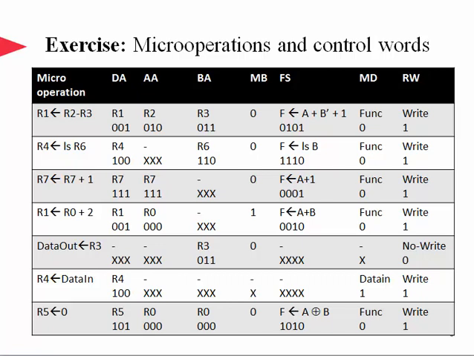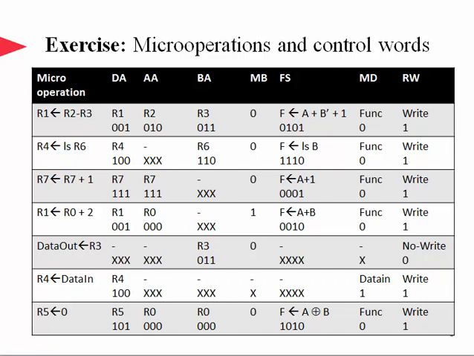Since the microoperation writes the result on the register R1, the destination register address must be set to 001. To load the register content of R3 on bus B, we set MB to 0 and FS is set to 0101 to choose the operation A plus B prime plus 1, which is nothing but subtraction. The MD input is set to 0 to select the function output.